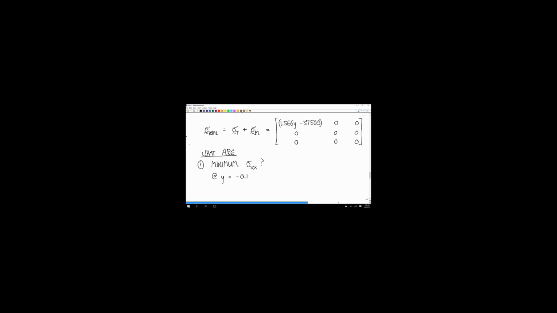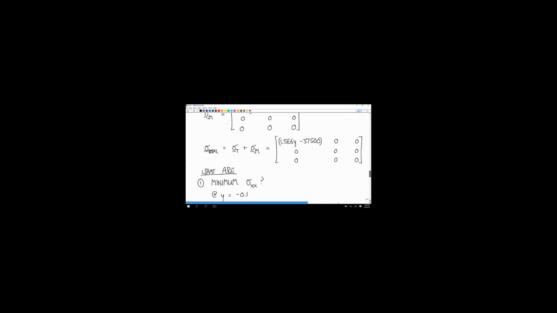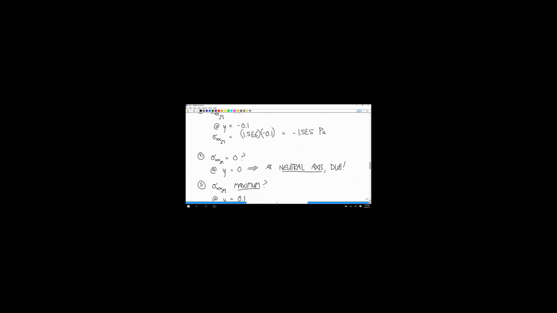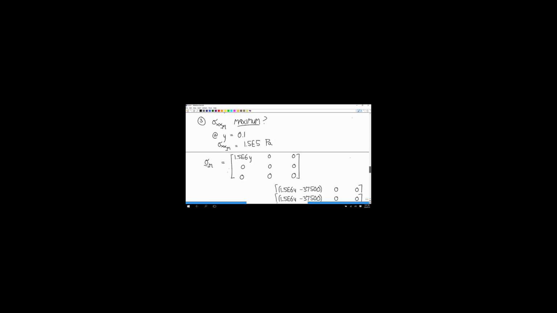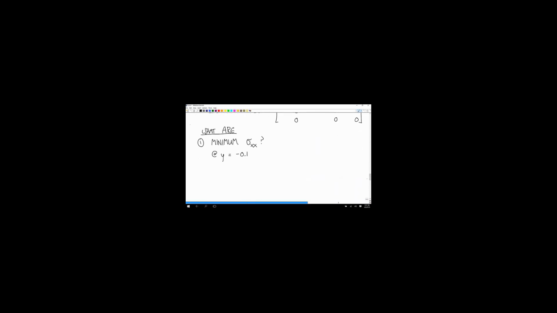We're going to have a value equal to what we got before, negative 1.5 times 10 to the 5 minus 37,500. So that's negative 1.875 times 10 to the 5th.